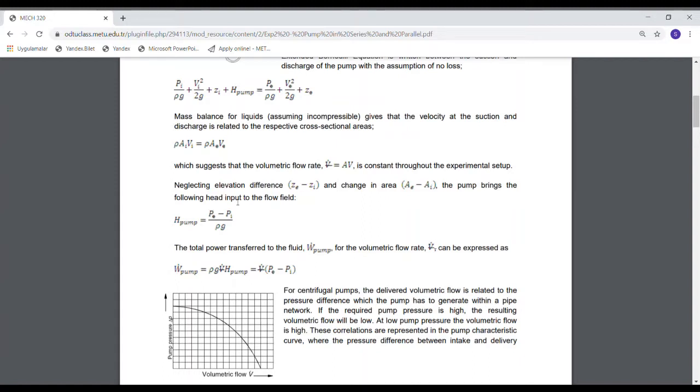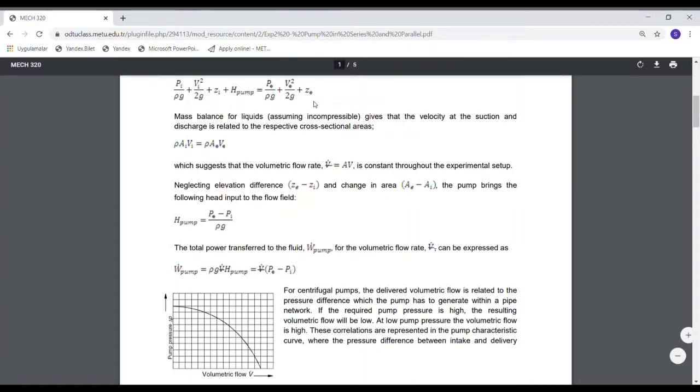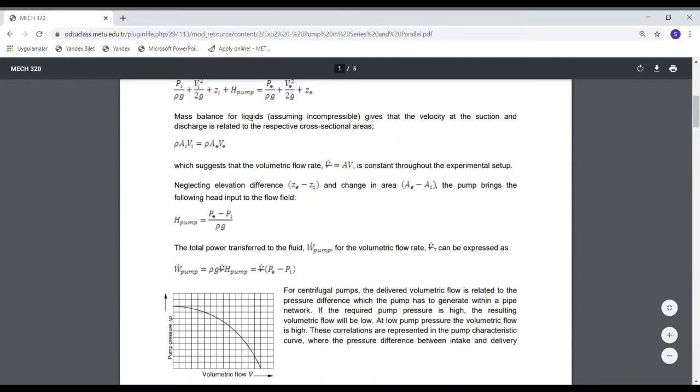If we neglect the elevation difference, which was Ze minus Zi, and the change in area, which was the cross-sectional area at the end and the cross-sectional area at the beginning of the pump, we get the following head input to the flow field.